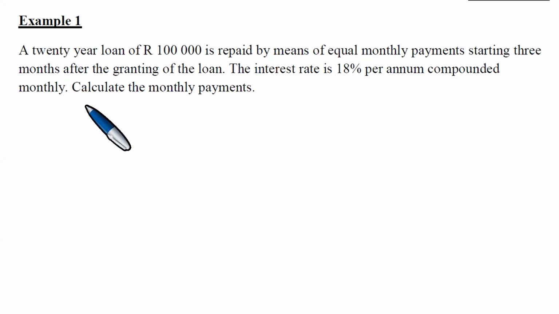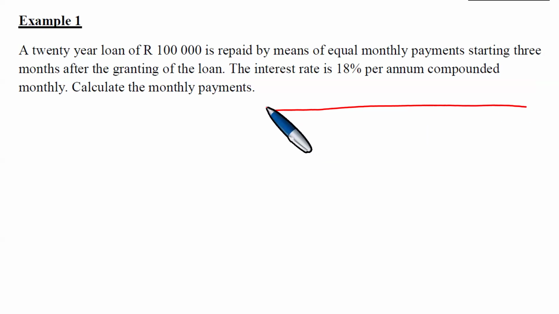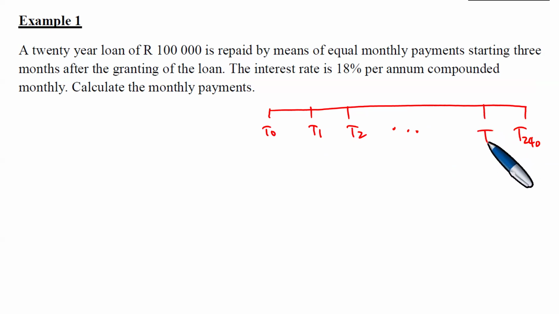Right, let us look at this one very carefully. We're going to use a timeline to do this particular question. We start from time 0, time 1, time 2, and so on, time 239, time 240.